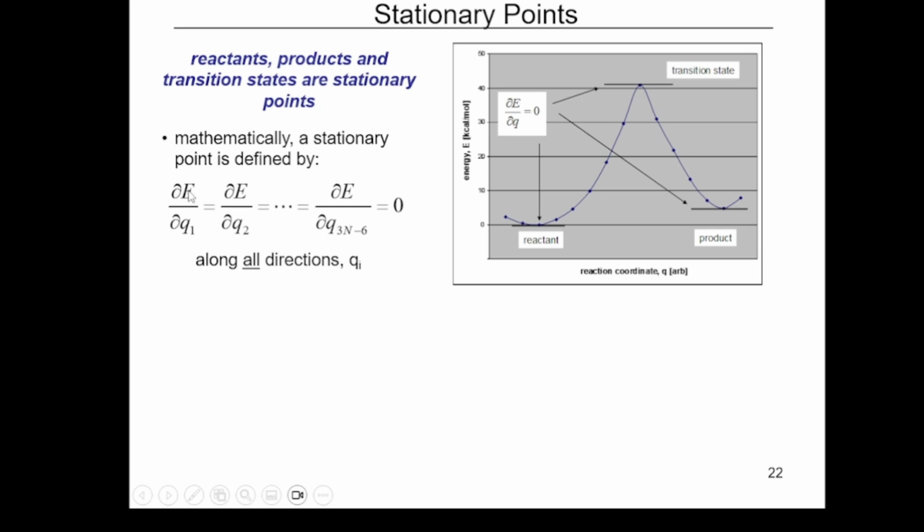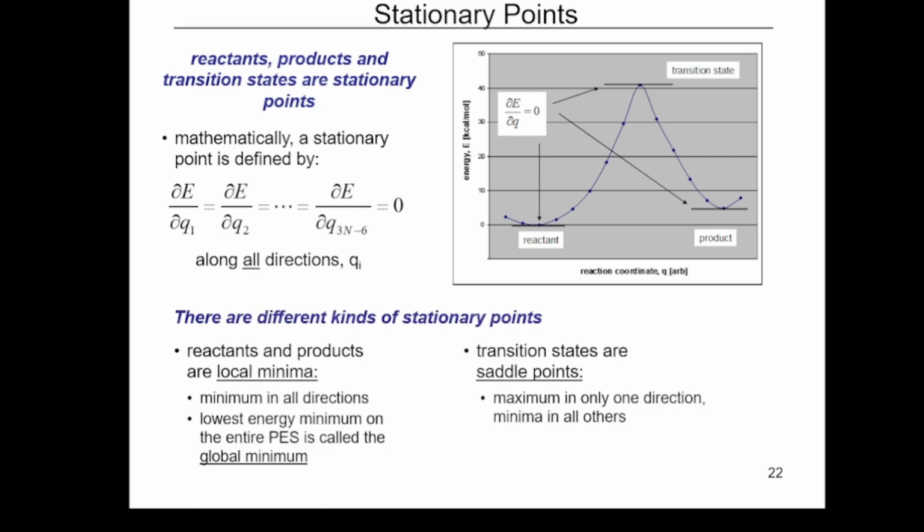So if you have a system where the first derivative of energy with respect to displacement in all directions is equal to 0, that is known as a stationary point. So it means the derivative of energy with respect to displacement in all directions Qi should be equal to 0 for a stationary point. There are different kinds of stationary points.